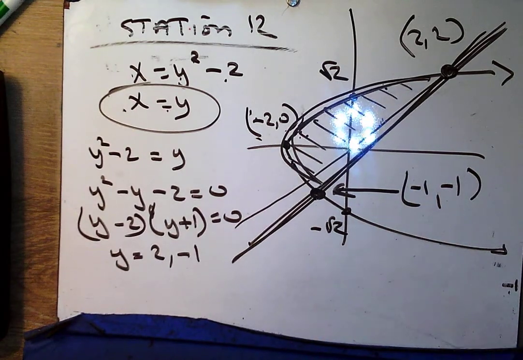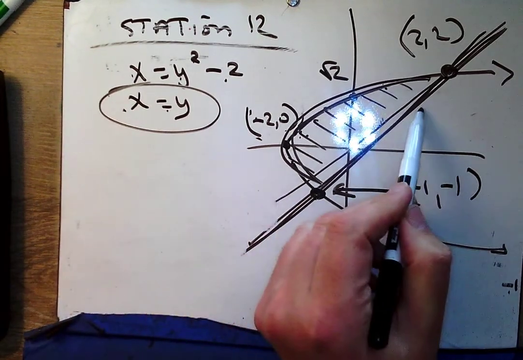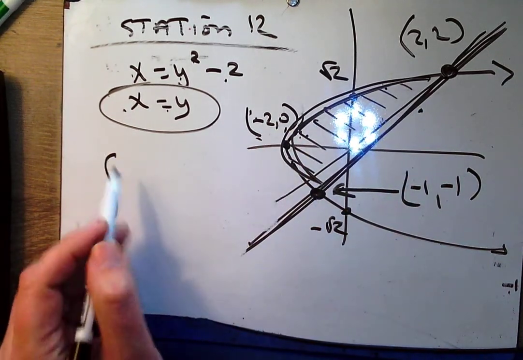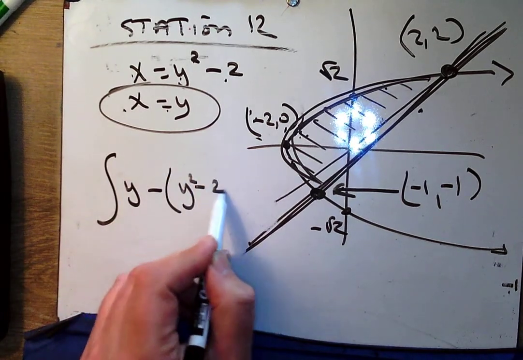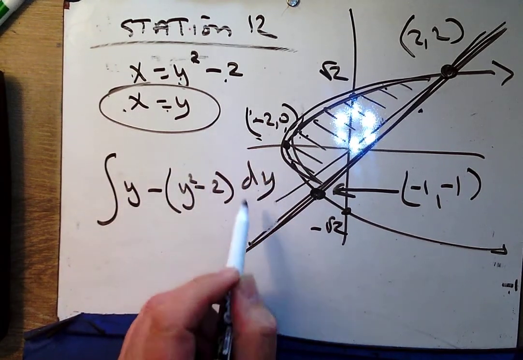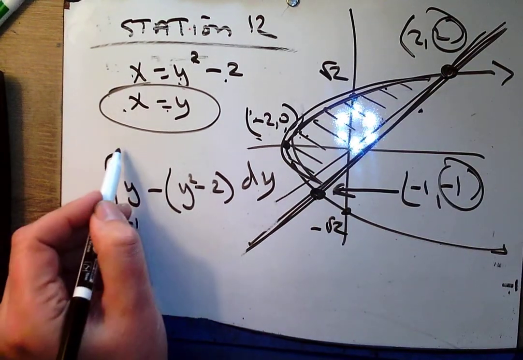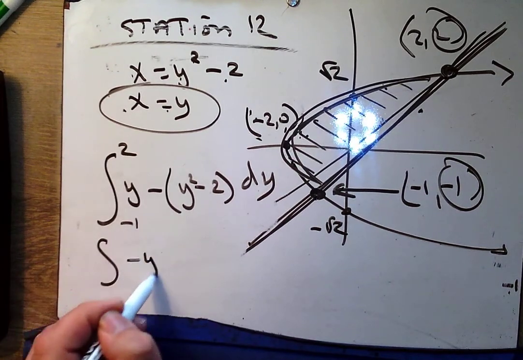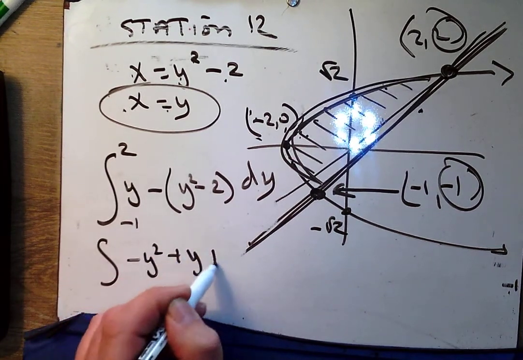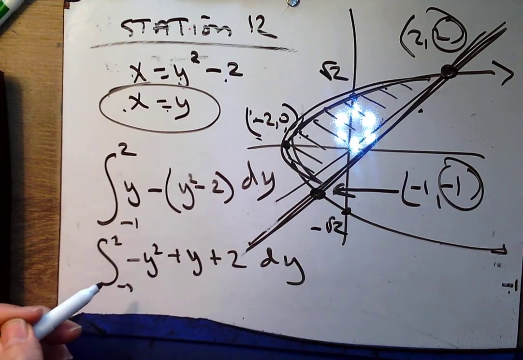Okay, so my integral will be right minus left. So I'm going to have y minus (y squared minus 2) dy. We're going from this y value to this y value. Okay, so that's the integral of -y squared plus y plus 2 dy from -1 to 2.